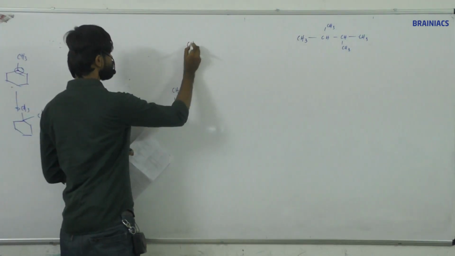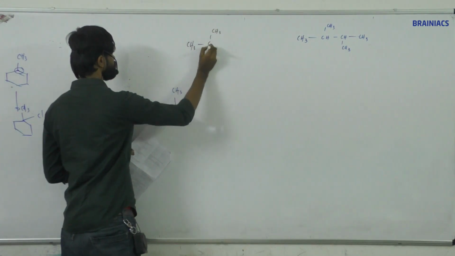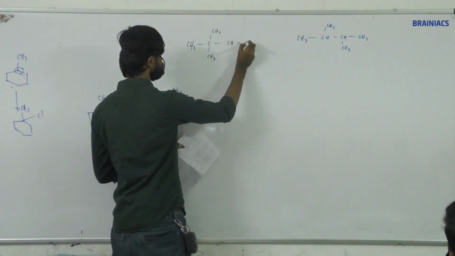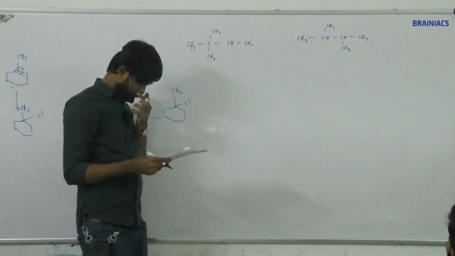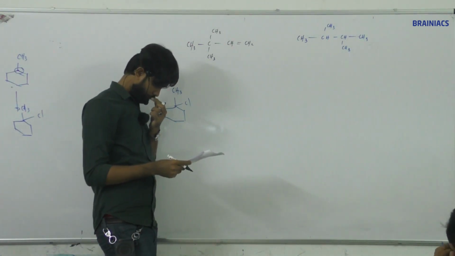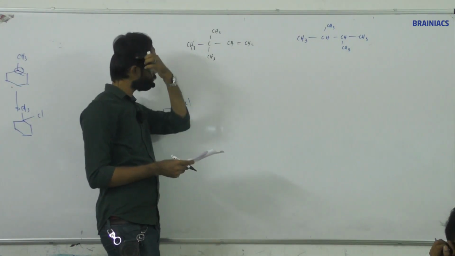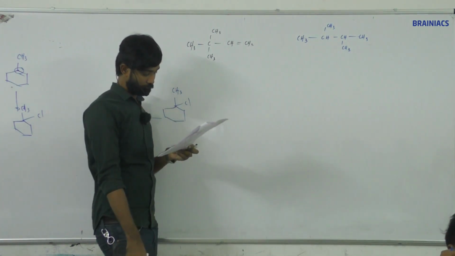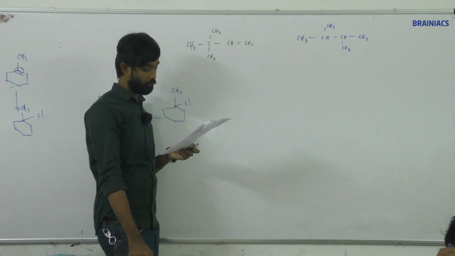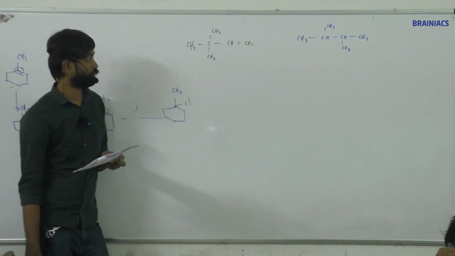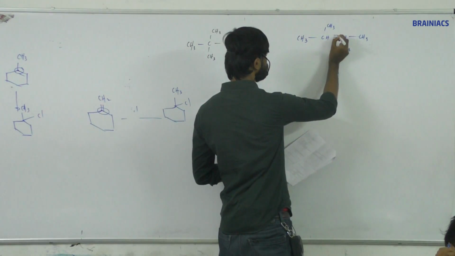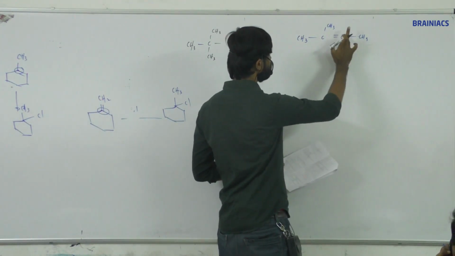The first example, that is CH3, C, CH3, CH3, CH double bond, CH2. 2-butene. Is this 2,3-dimethyl butane?